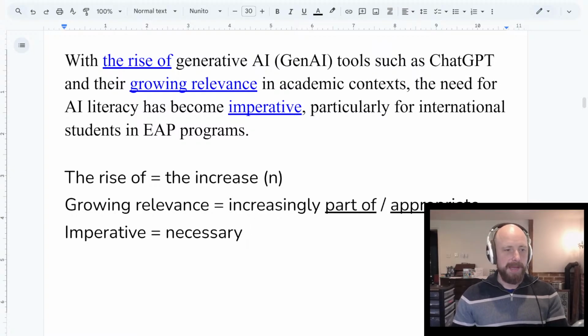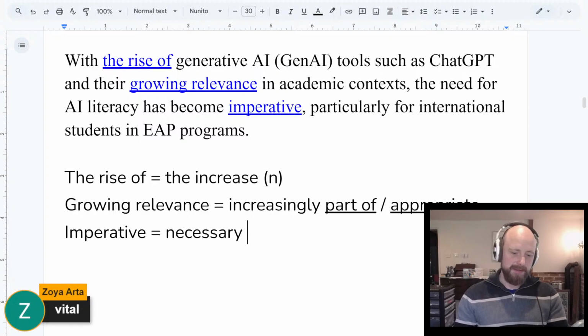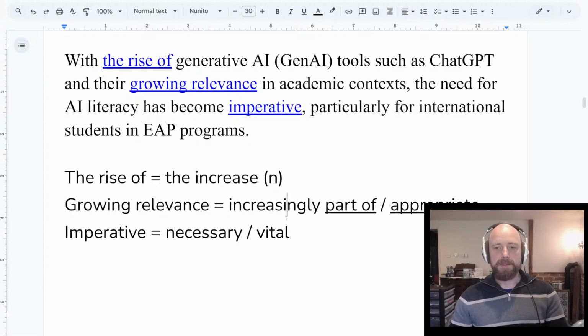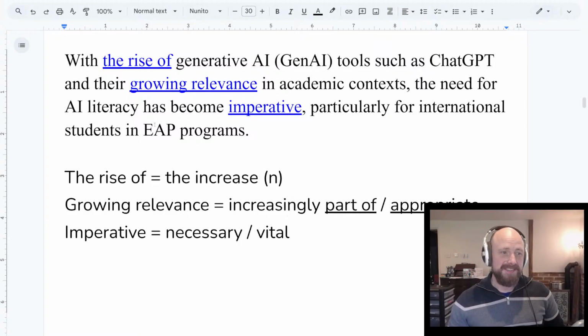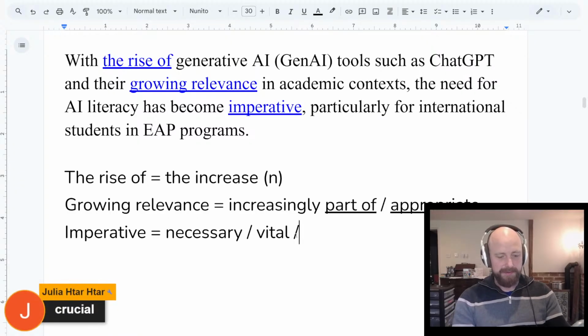So if something is imperative, a good one there from Zoya as well, it's vital. So necessary or vital. In other words, the need for AI literacy is needed. It's necessary, it's vital. Julia says crucial. That's right. So we need AI literacy.